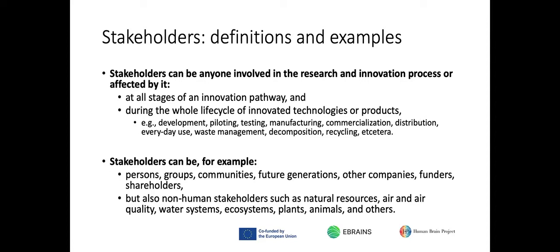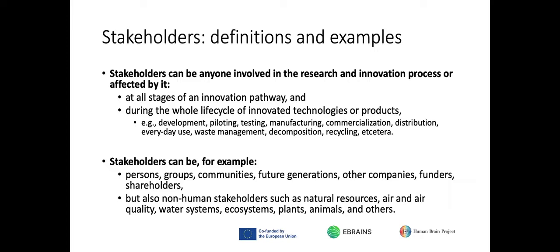At each of these stages in the life cycle of an innovative technology or products, different types of stakeholders are likely to be involved and or likely to be affected, either positively or often also negatively. And it is therefore important to identify stakeholders in relation to each of these stages.